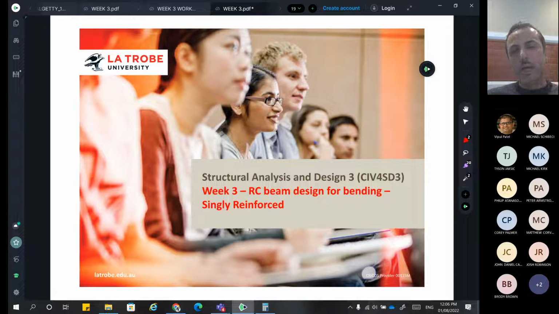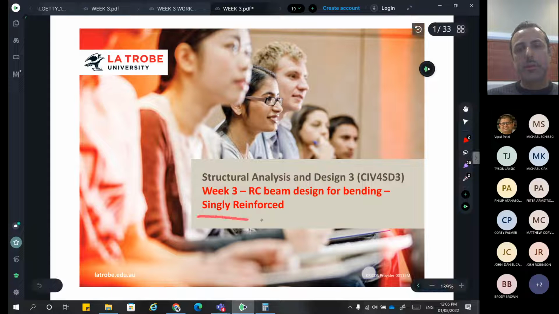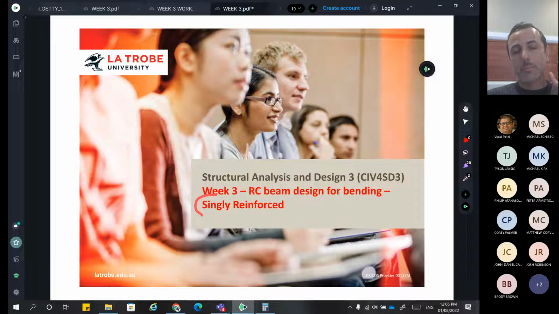To have a gentle and simple start, we're only going to look at cases where the sections are singly reinforced. What does that mean? The reinforcement is located on the tension side only of the beam, whether top or bottom. Some people will think it's always bottom.